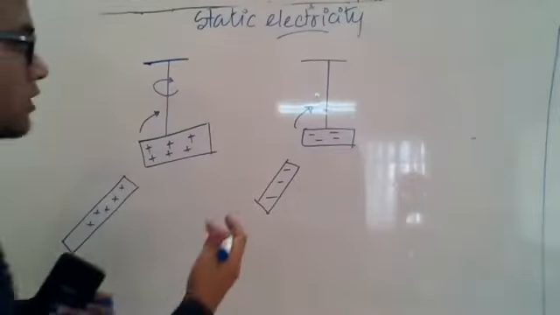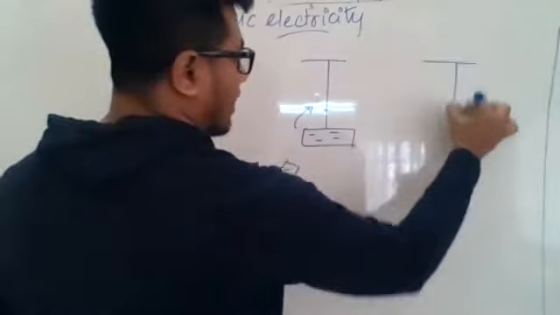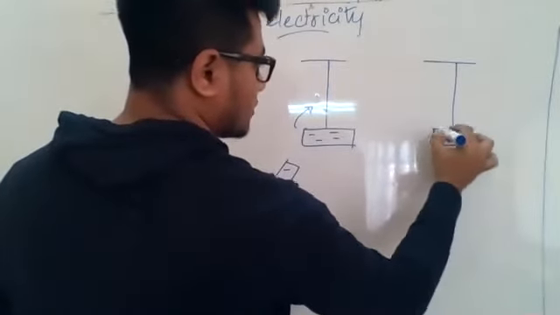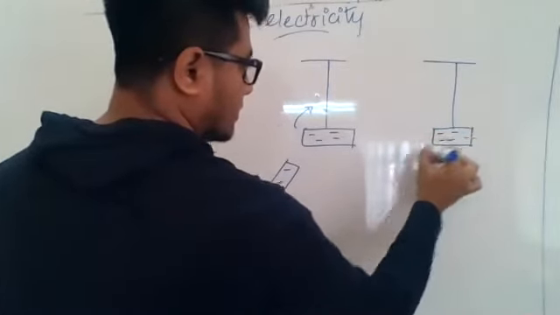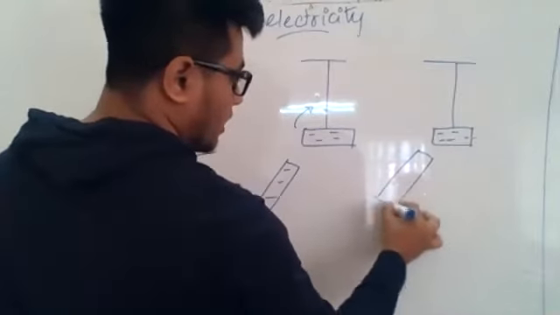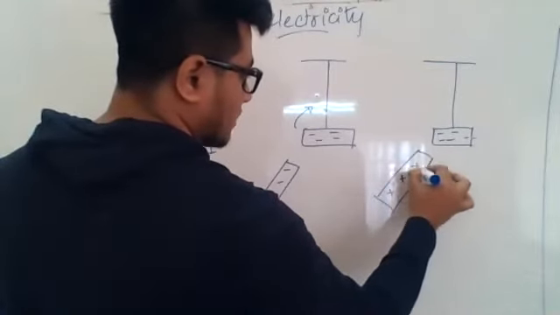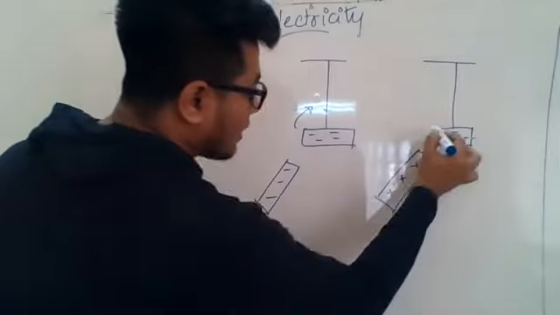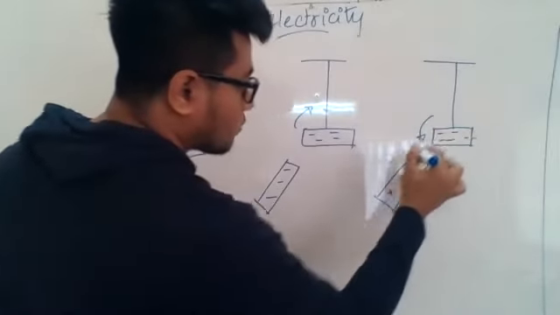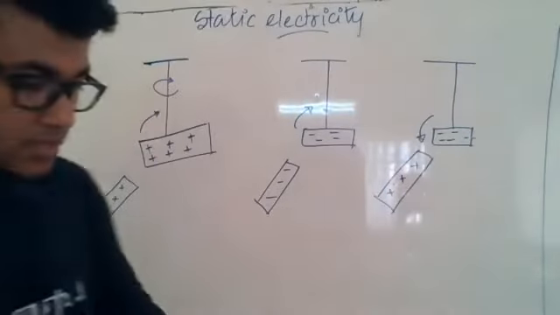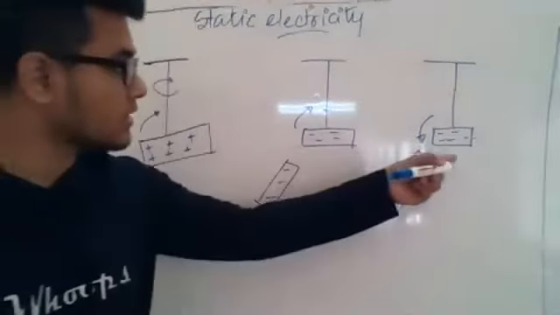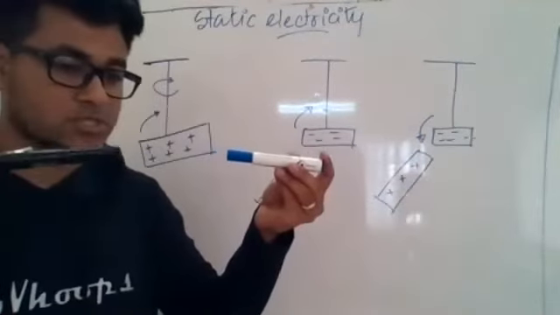Now what if I bring a negatively charged plastic closer to a positively charged glass rod? What will happen? It will want to come closer to this one. Let us say this is the negatively charged plastic and this is positively charged glass.